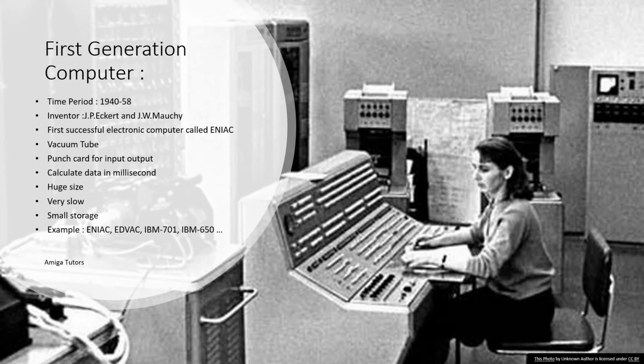It used vacuum tubes, punch cards for input and output, and it could calculate data in milliseconds. But the problem was that it was huge in size and very slow. It had small storage and lots of other troubles. Examples: ENIAC, EDVAC, IBM 701, IBM 650, and more.